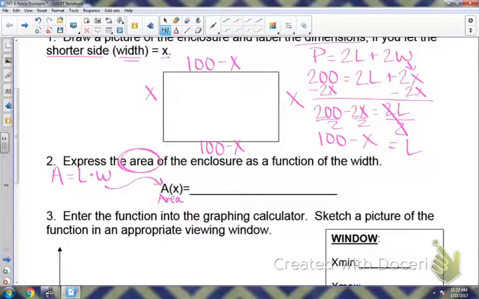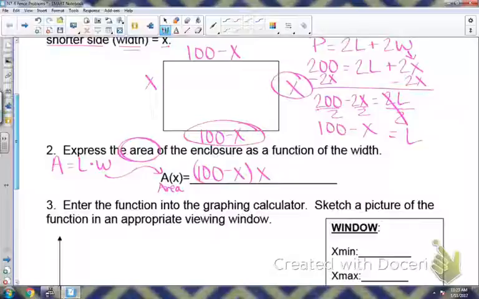We need to know what that equals. So in terms of x, we know the length. If you look back at your picture there, your length is 100 minus x, and we're going to have to times that by our width, which is x. So length times width there.